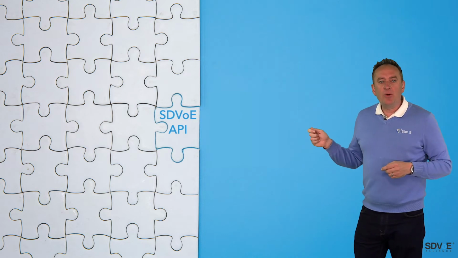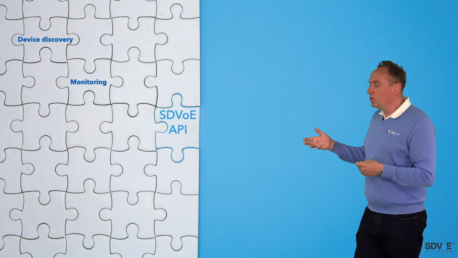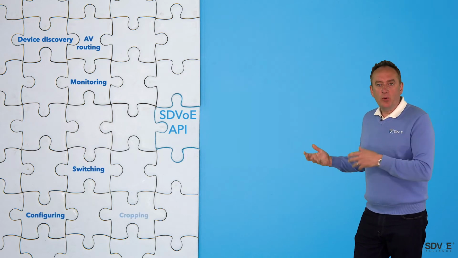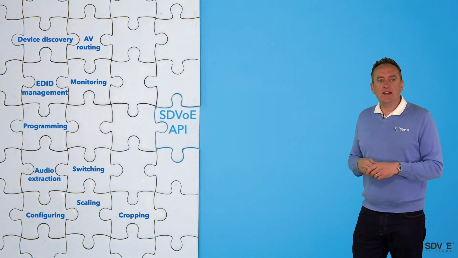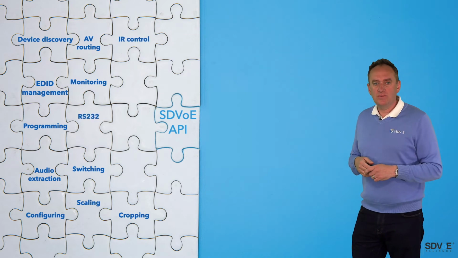It's this API which takes care of device discovery and monitoring, controlling AV routing and switching, configuring, cropping, scaling and programming, audio extraction, EDID management and control signals such as IR and RS-232.